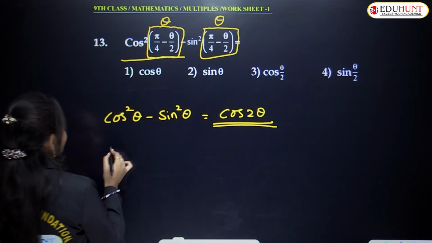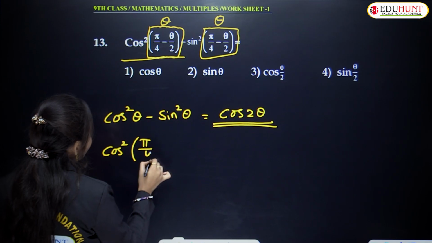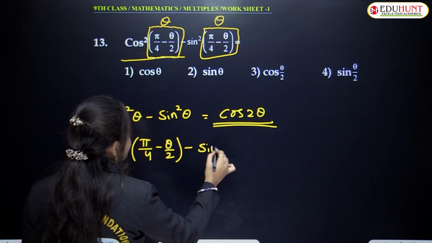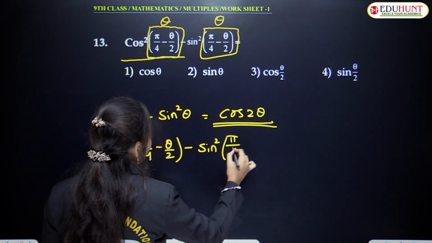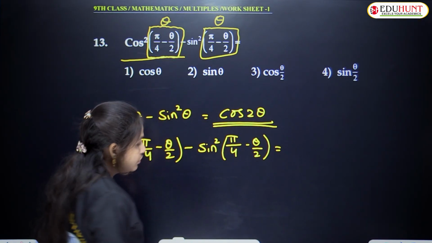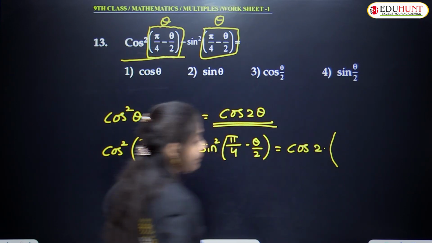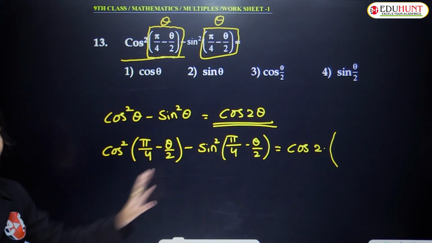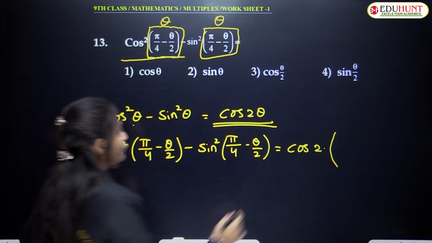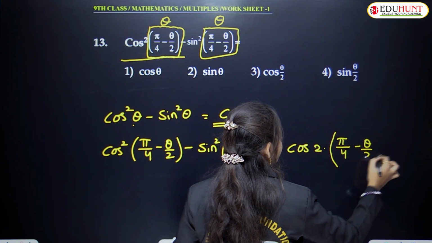See here, cos 2 theta formula this is. Okay. So now at the place of theta, what they given here? Pi by 4 minus theta by 2 minus sin square into pi by 4 minus theta by 2, which is equals to cos 2 theta. So cos 2 into, at the place of theta only they given this one, right? So at the place of theta they given that pi by 4 minus theta by 2.